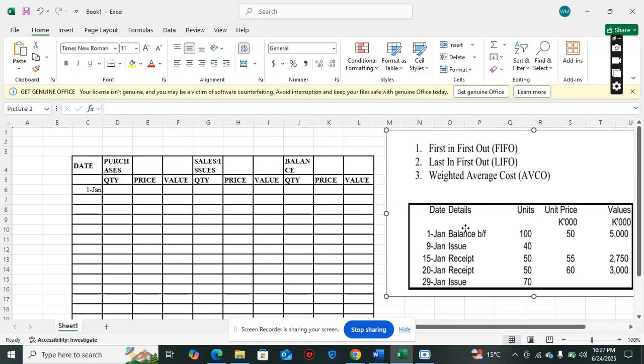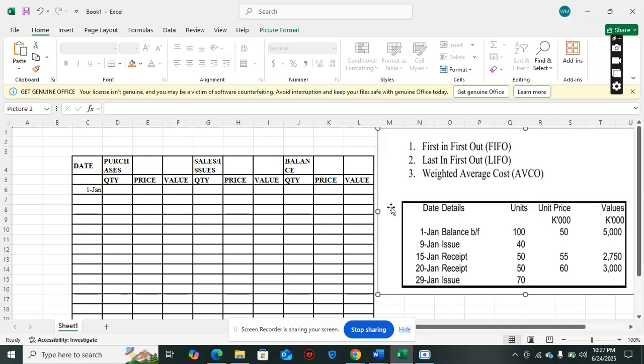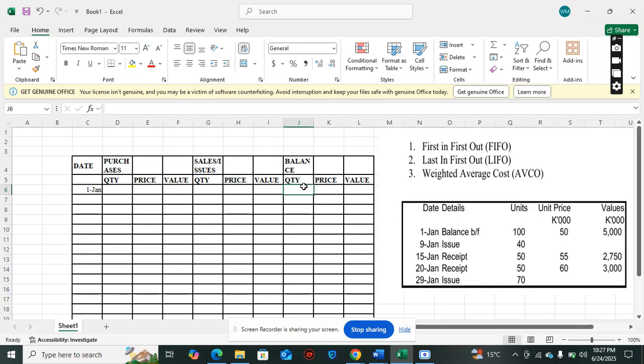So we'll start with our opening inventory. 1st January, balance brought forward: 100 units, valued at 50 kwacha per unit.